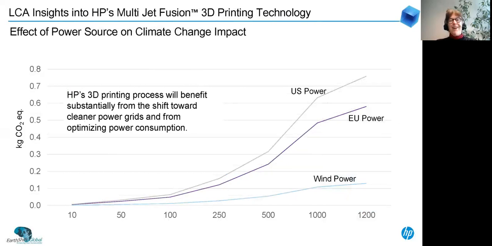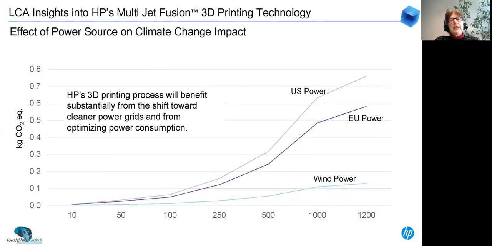Most of us are looking at a cleaner grid than we were before in terms of greenhouse gas emissions, particulates, and a lot of other things. And so one of the things we did look at here is how is the 3D printing process going to change as the grid gets cleaner.